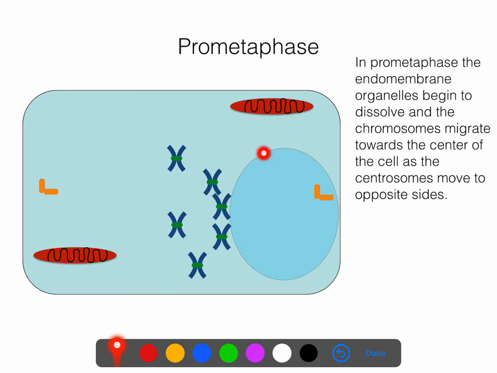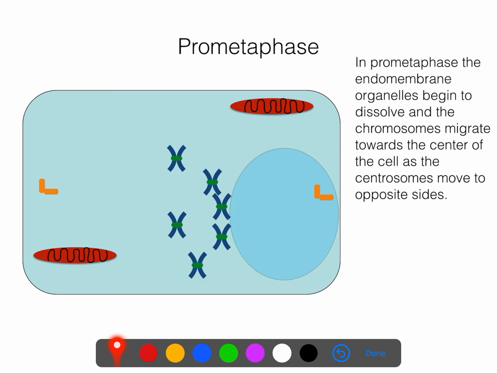The nucleus has also been disassembled. I faded it so that you can see where it was. Note that the mitochondria don't disassemble. They stay, because mitochondria are a special sort of organelle that actually reproduces on its own cycle, because they're descended from bacteria.